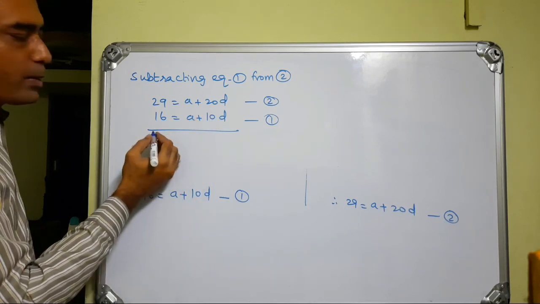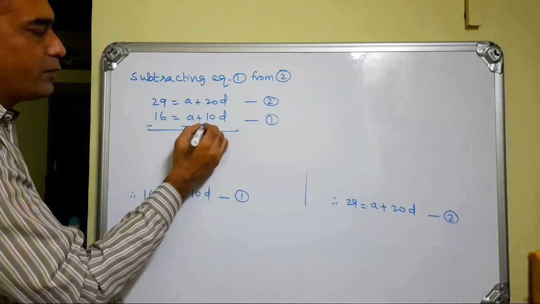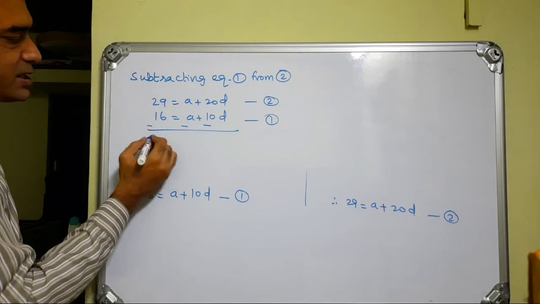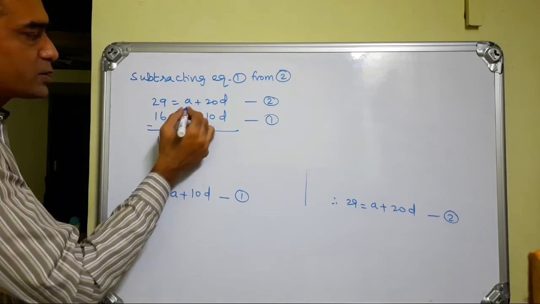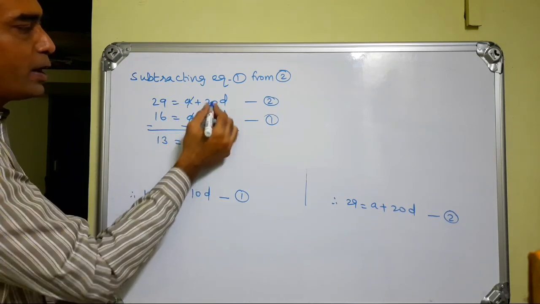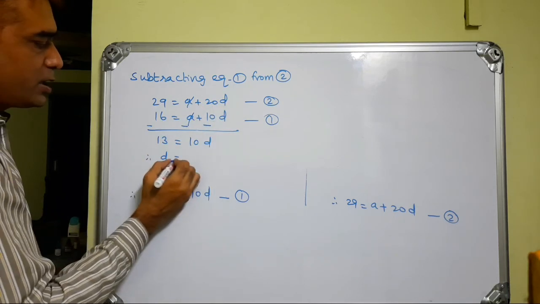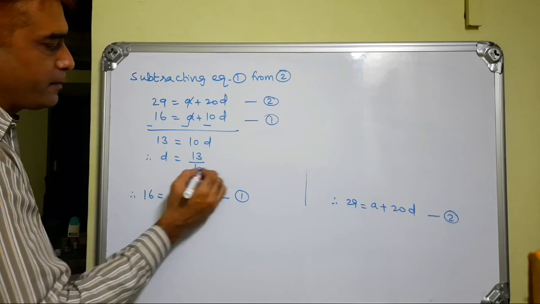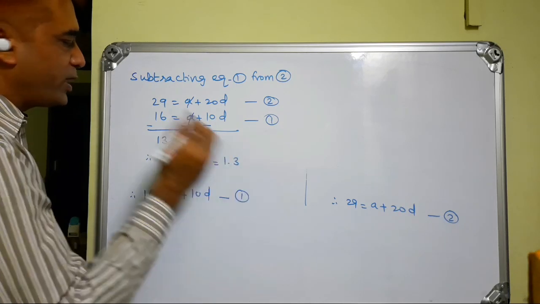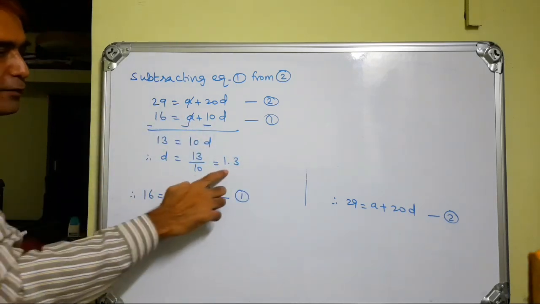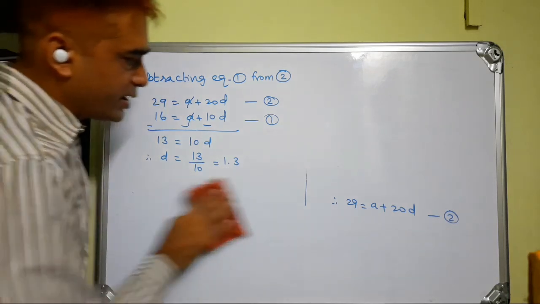For subtracting, we will change the signs. 29 minus 16 is 13 equals, A cancels out, and 20 minus 10 is 10D. Therefore D equals 13 upon 10, and that equals 1.3. So here we have got D, the common difference.